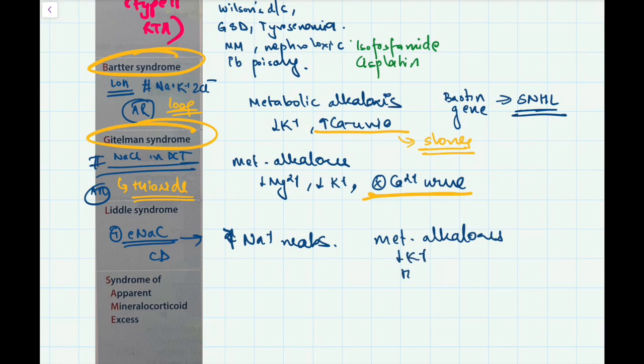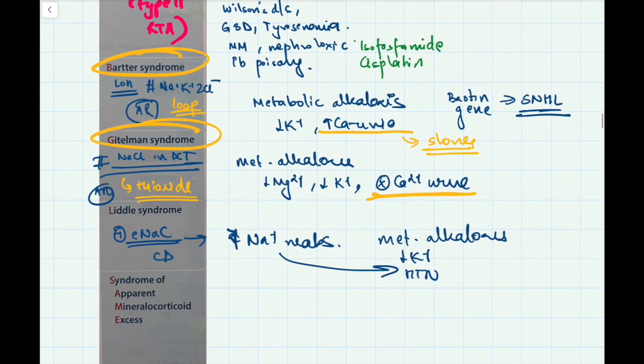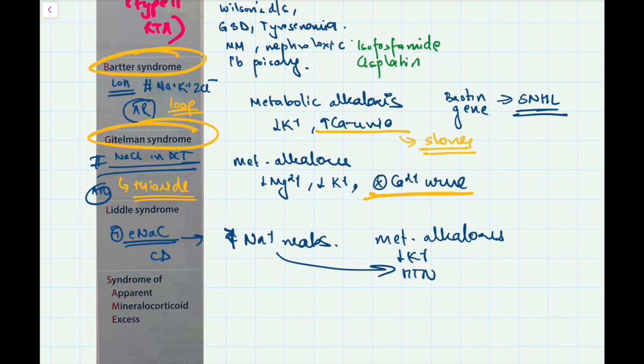Why? Because sodium is increased, and it is usually called hypokalemic hypoaldosteronic hypertension. Why? Because the aldosterone is low and the potassium is also low.